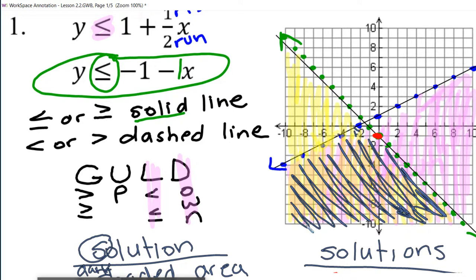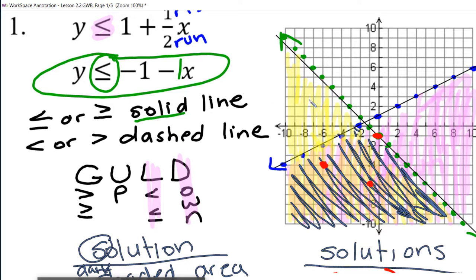So 0, negative 1. I agree. What's another one? Negative 1, negative 6 would be right here. I agree because it's in the dark area. And let's do one more. What's one more that would be a solution? Negative 6, negative 4. I agree. It's in that dark shaded area. So negative 6, negative 4.